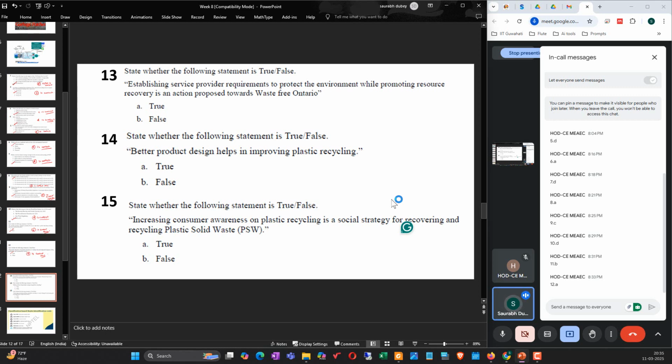Establishing service provider requirement to protect the environment while promoting resource recovery is an action proposed toward waste-free Ontario.